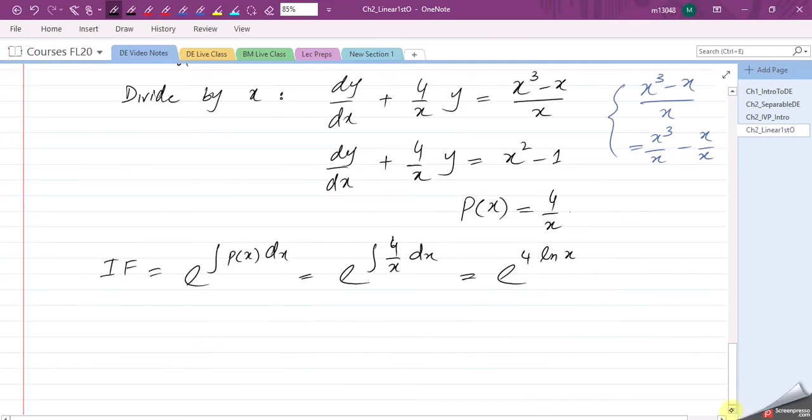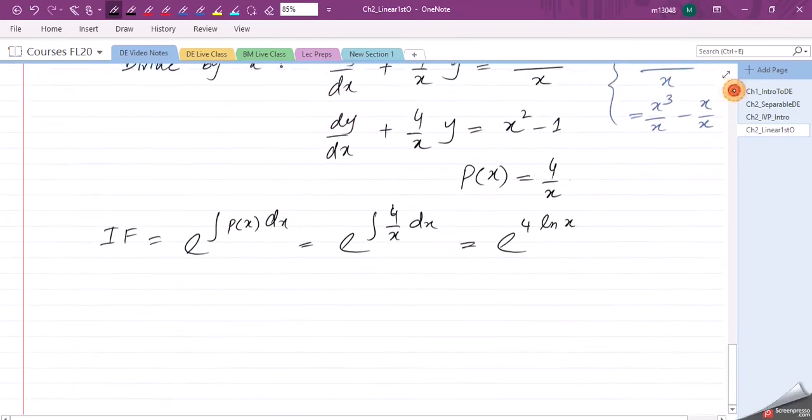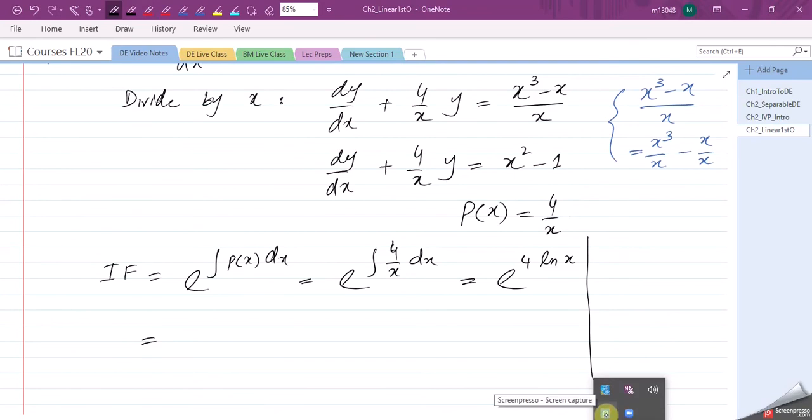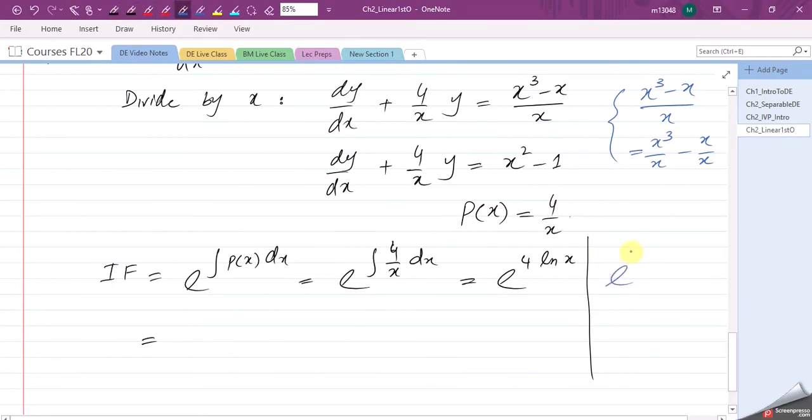Right, here is a $1 million question. Well, I do not have $1 million to give, but still a $1 million question. The question is, can I cancel e raised power 4 log of x, cancel log with e and write 4x? Is it true or false?